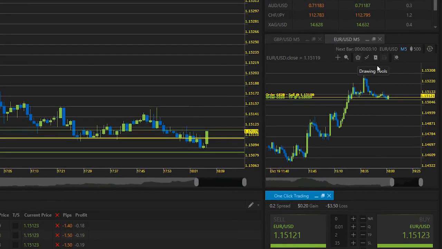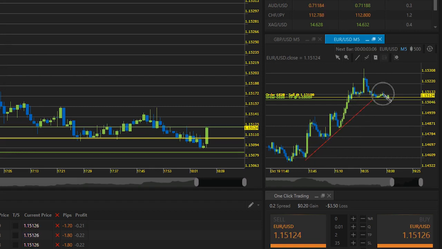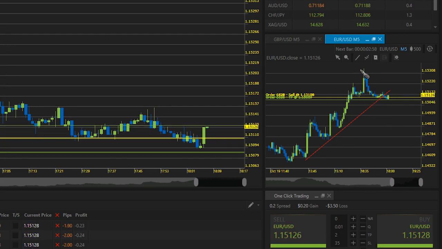So if you look over here, what we're looking at is a trend on the 5-minute chart, and we've pulled away from that trend just recently, and we're starting to break that trend right now.